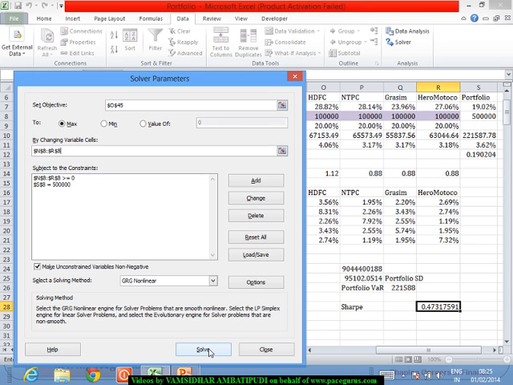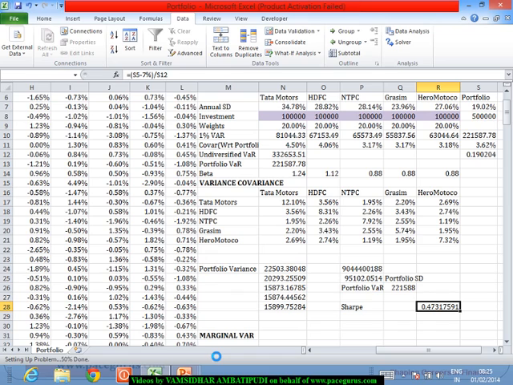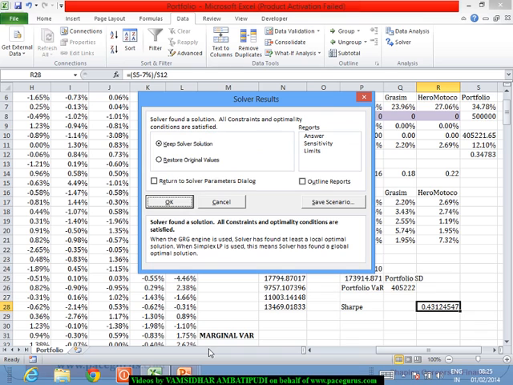Let me try to solve for that position. Yeah, I think now it is happening. Okay, something has come out.